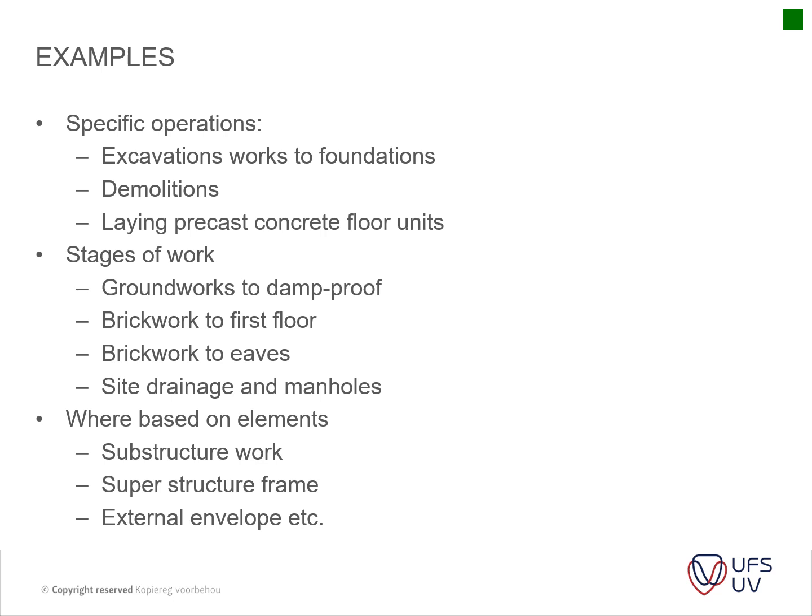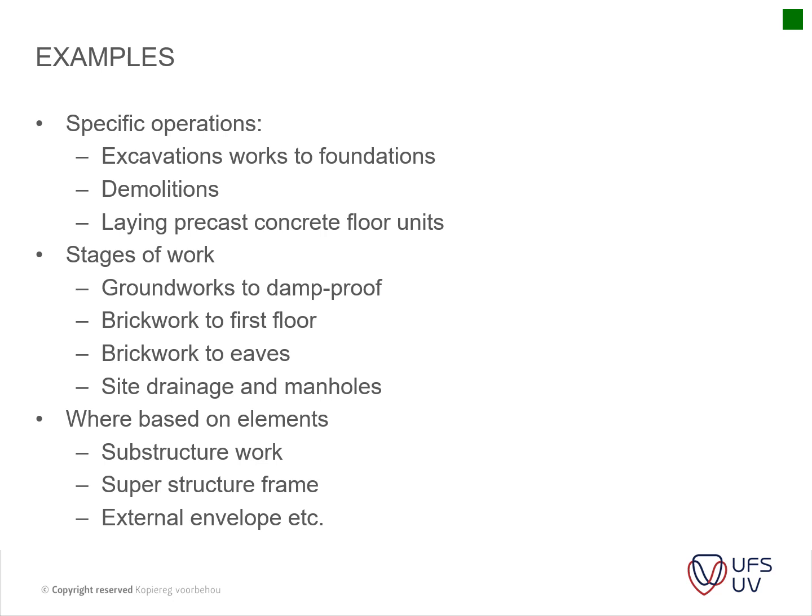Then looking at specific examples, this is now on page 219. On the first page is specific operations, for instance your excavation works to foundations, your demolitions, laying precast concrete floor units.